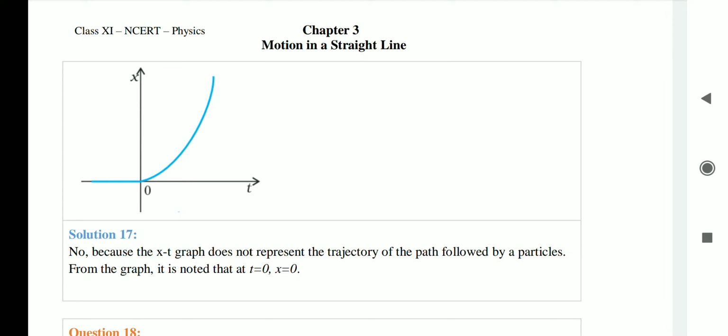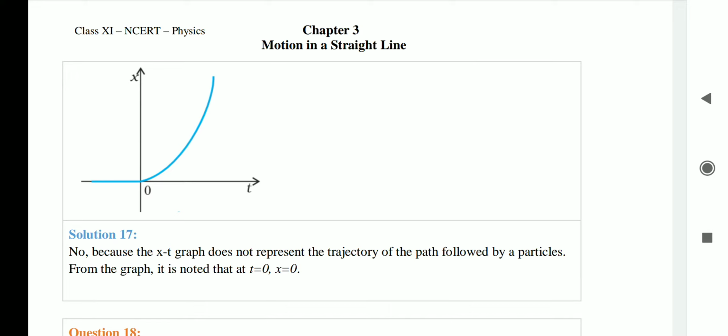Now what was the question? That in the given graph the particle is moving along a straight line for t less than 0 and it is moving along a parabolic path for t greater than 0. The question is this, क्या ये possible है? Now first of all remember one thing, that the graph which we plot for uniform motion and non-uniform motion does not give us the trajectory of the path followed.